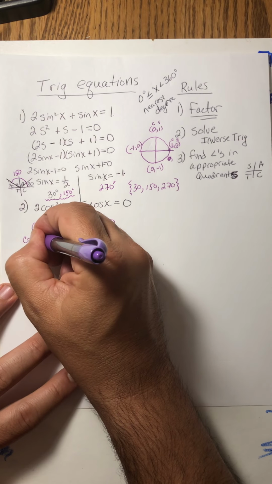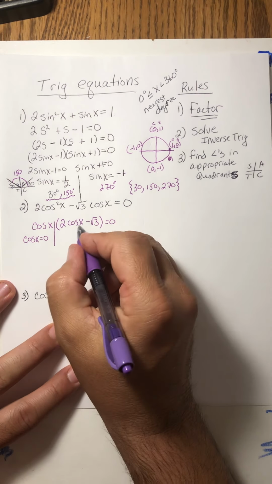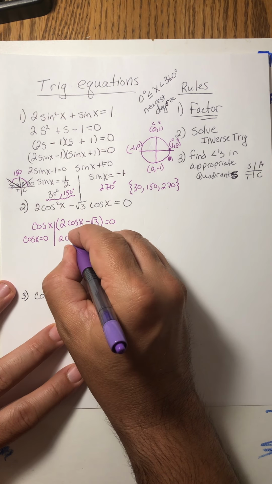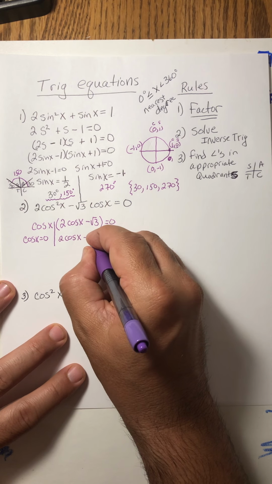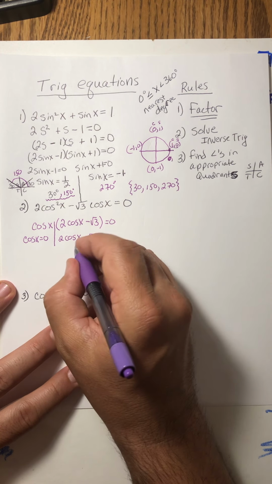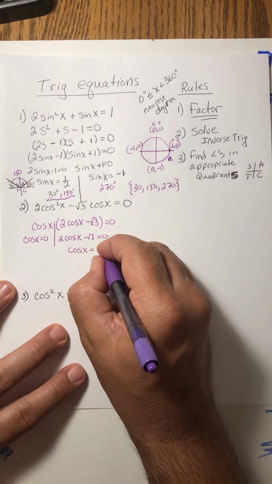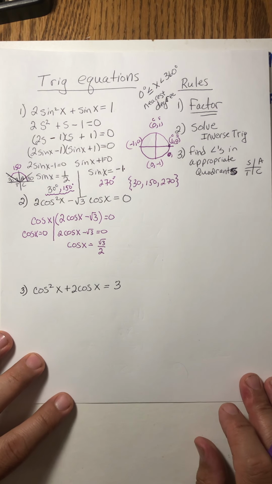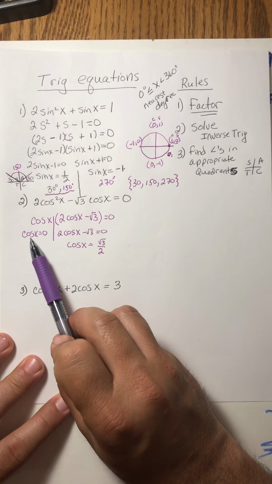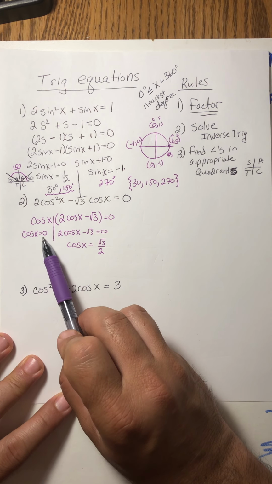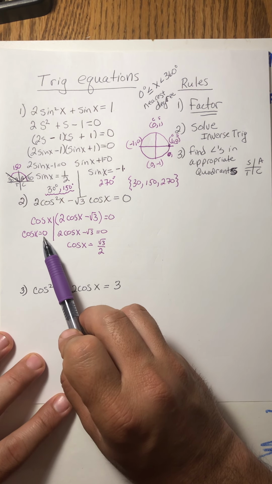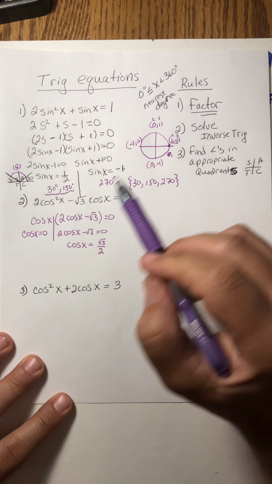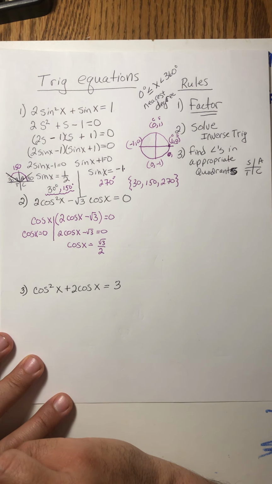So this cosine of x is equal to 0. And now this is already equal to 0, so I'll write it out this time. I won't do it anymore. And I solve for cosine of x. Now, you need to recognize when you see answers that are 0, -1, 1, okay, for sine and cosine.